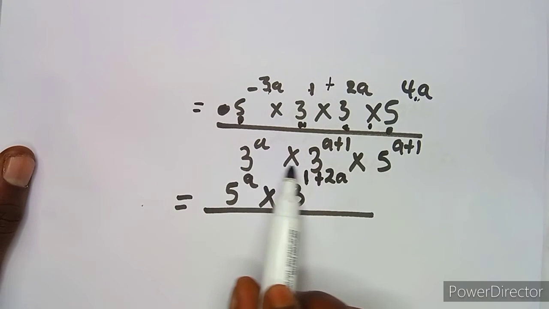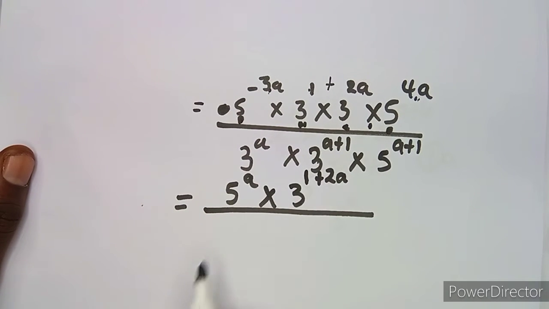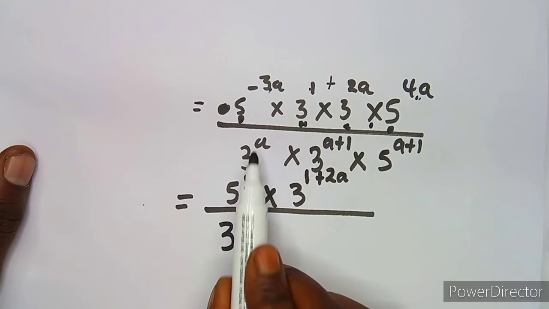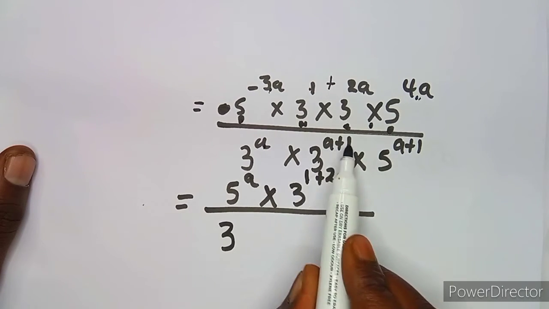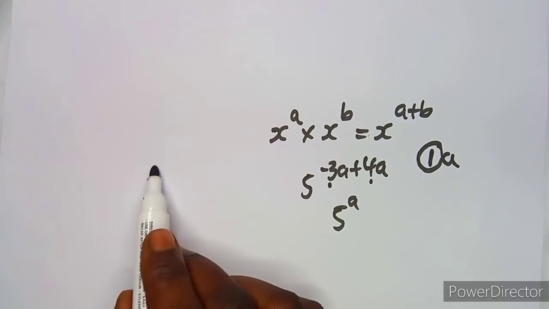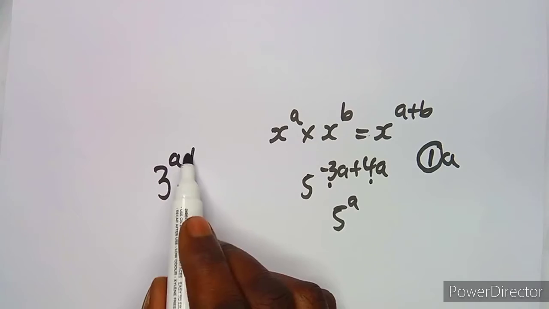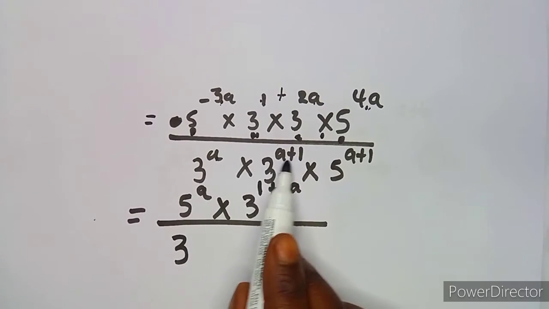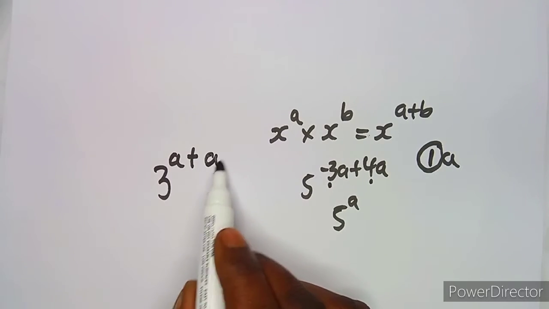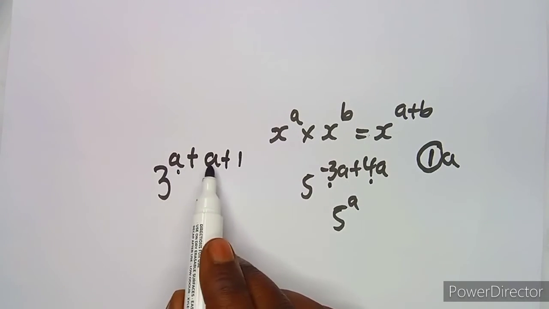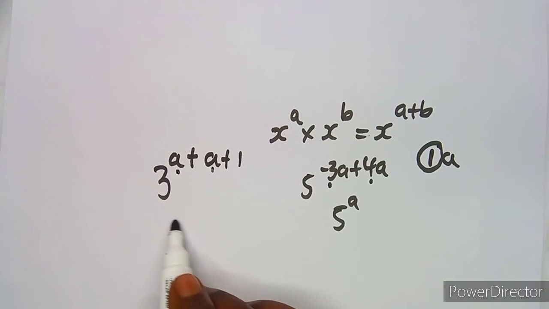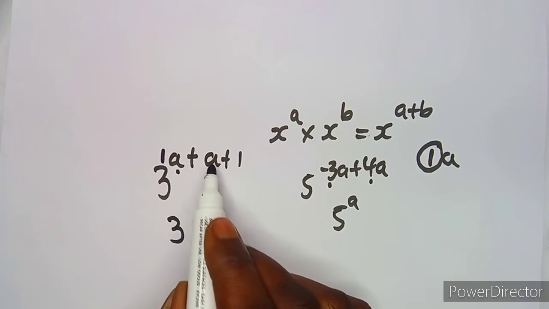Again, in the denominator, we've got 3 and 3. They are multiplying, so you're going to add the exponents. So we've got a and a plus 1. So it's like this: 3 to the exponent of a plus the exponent here, which is a plus 1. So if we add a plus 1, it's a plus a, which is same as 1a plus 1a.